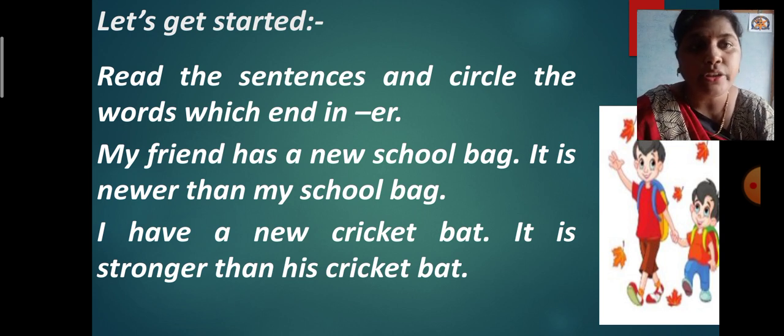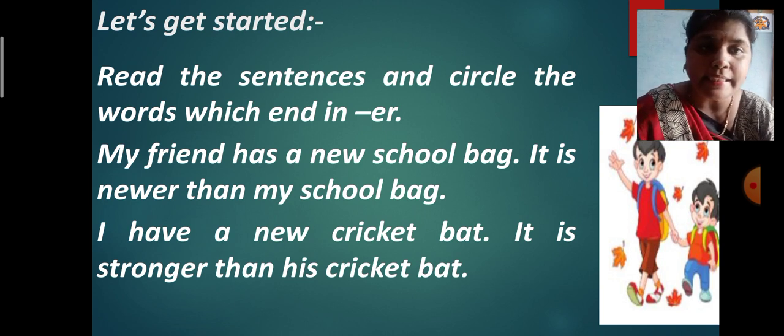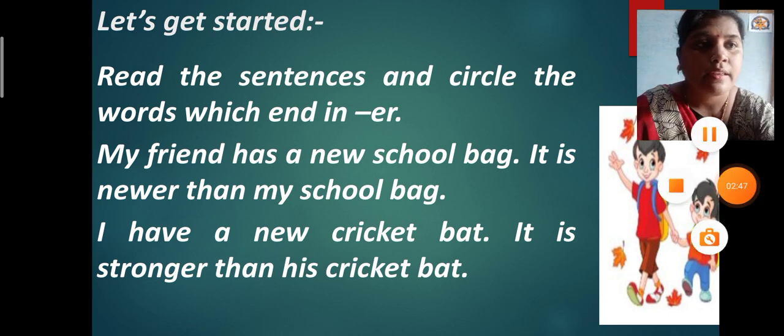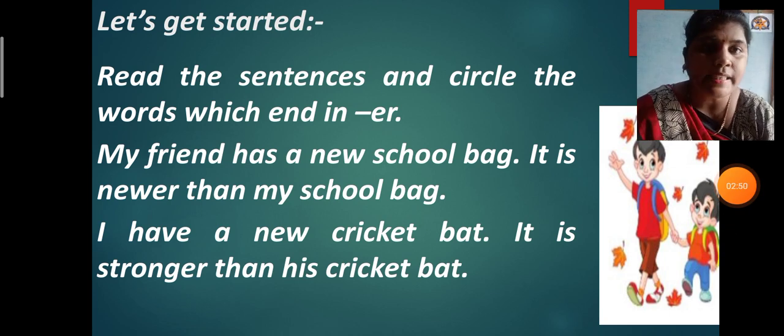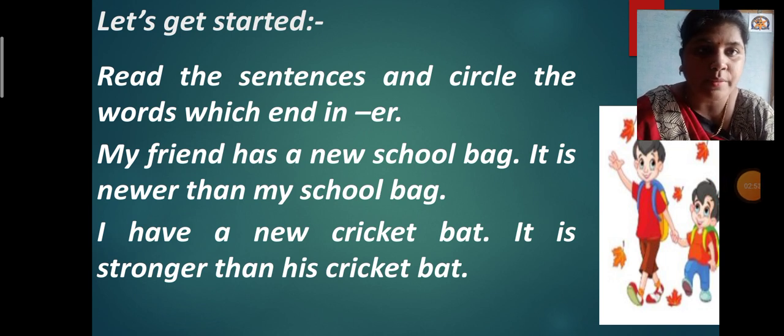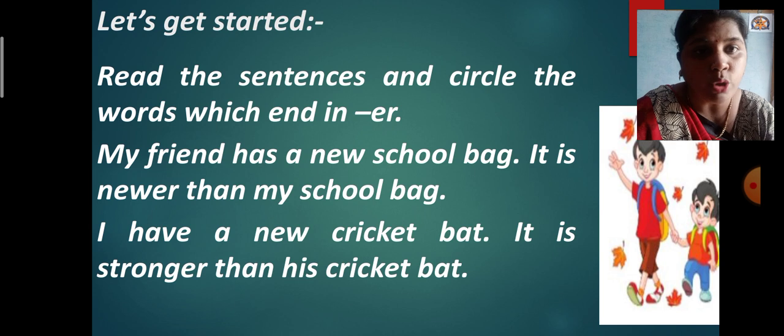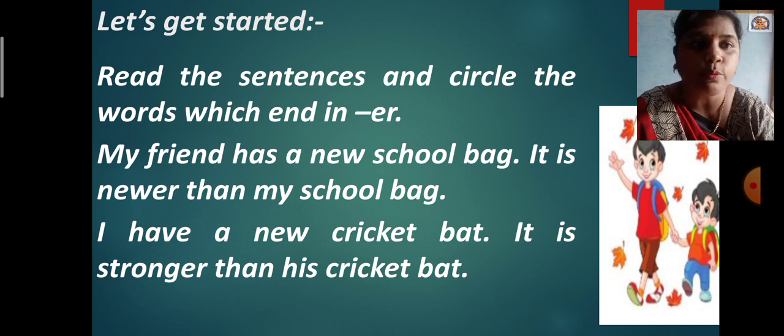Listen, I have a new cricket bat, like I have a new bag, along with the bag I also have a cricket bat, and it is stronger than his cricket bat. His cricket bat means my friend's cricket bat. So my bat is more strong, it is stronger. I hope you understood both the sentences.